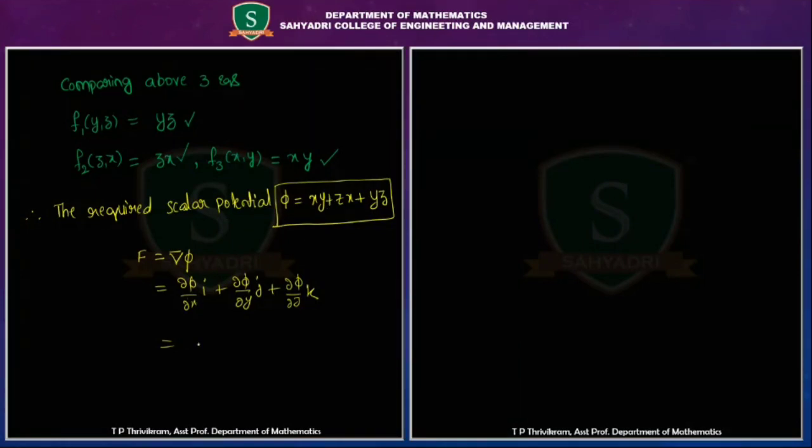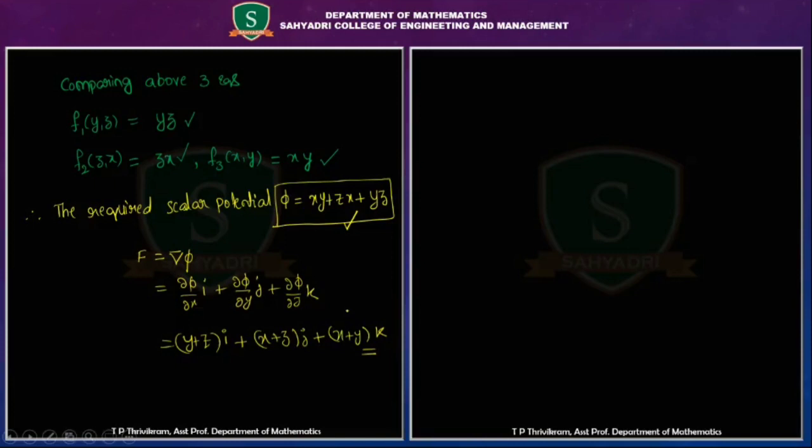How much will you get? y plus z according to this, right? Take this phi and differentiate with respect to x. You get y plus z i. Again differentiate with respect to y. So how much will you get? x plus z you'll get j plus, differentiate phi with respect to z. So x plus y you'll get into k.